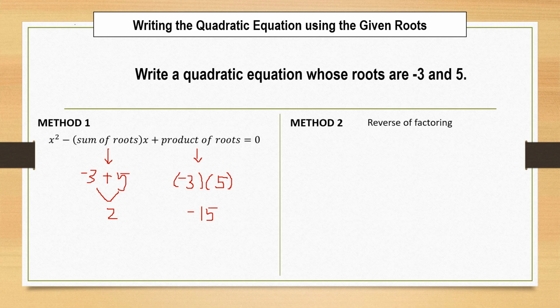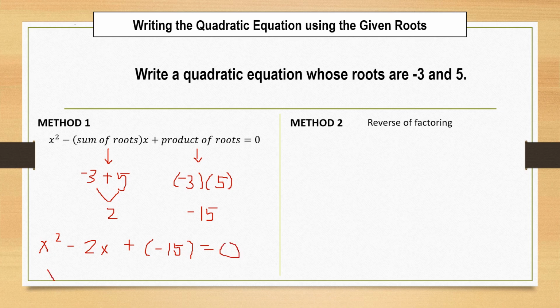So we substitute this in the given formula. X squared minus the sum of the roots, which is 2x, plus the product of the roots, which is negative 15, is equal to 0.